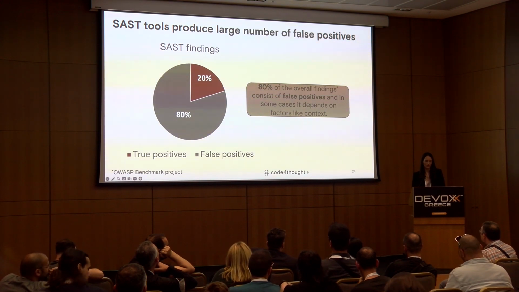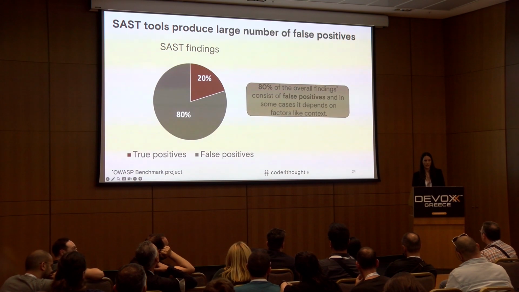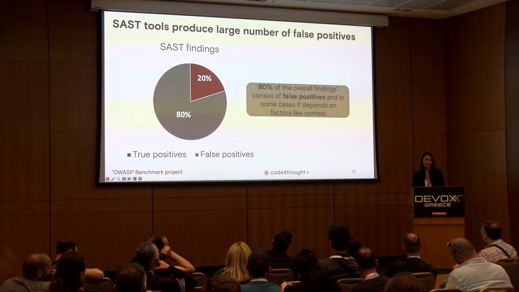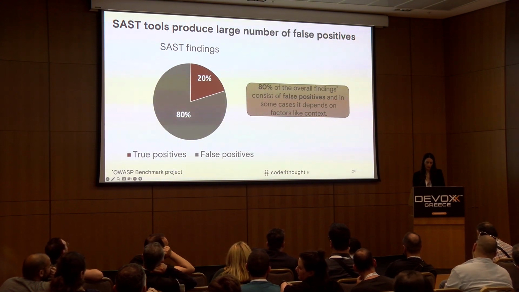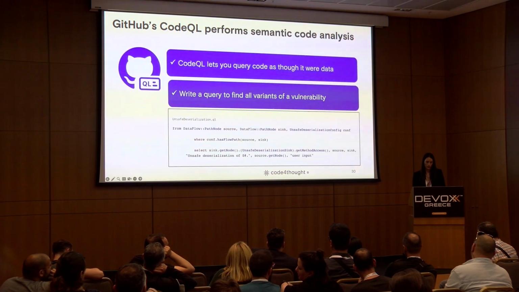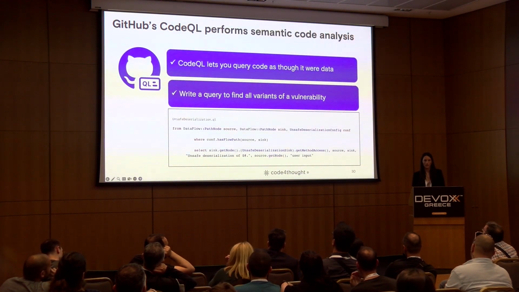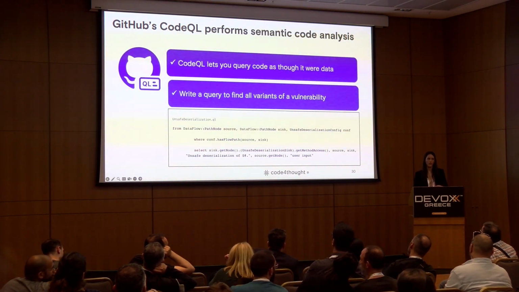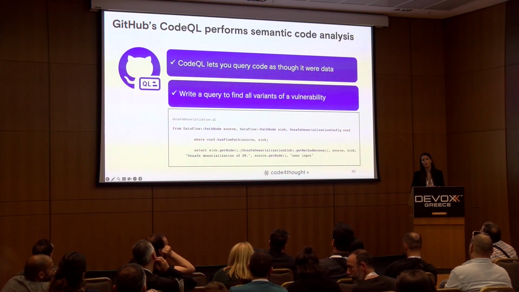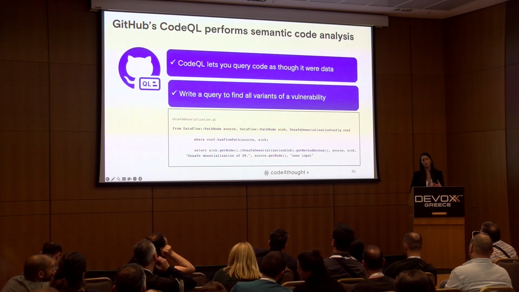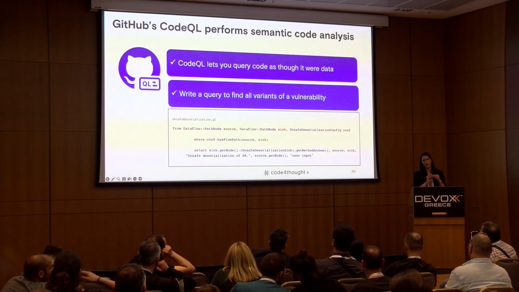Actually, a lot of work is being done, and I believe that AI can give value into this. And what I said about CodeQL is that it's best if you define in a very specific way what you're looking for, you may be able to really minimize the number of false findings.